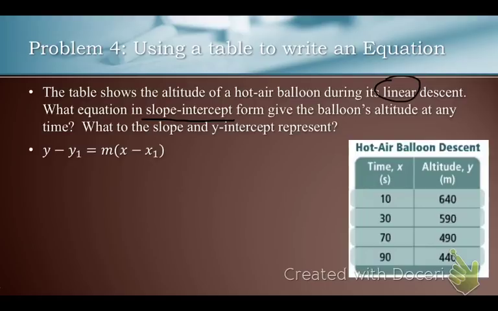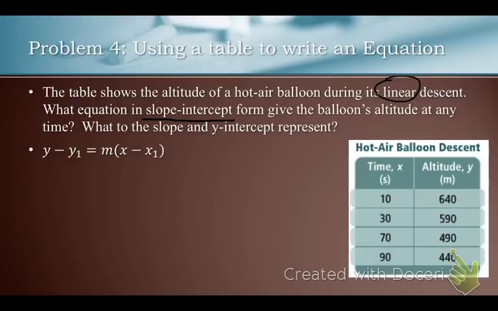I do have the point slope form on the PowerPoint slide, and hopefully you will see why here in just a moment. So, as we take a look at this, I need to first start off by finding the slope. If I don't do that, I'm not going to be able to even start with my problem here.